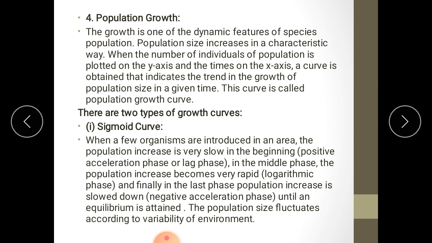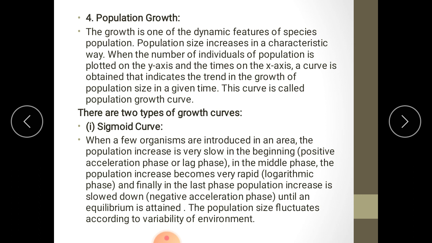So the next aspect of population and community ecology is population growth. How does a population grow? If you plot the data of population growth in a graphical manner, we can get two types of curves.